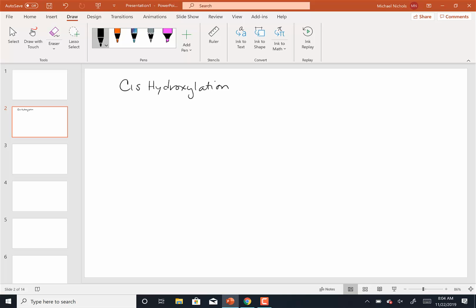I'm going to add two OH groups, 100% cis. There is no Markovnikov or anti-Markovnikov when you're adding the same group to each of the two carbons in the double bond. So I'm adding two OH groups, neither Markovnikov nor anti-Markovnikov, and this is going to be 100% cis.